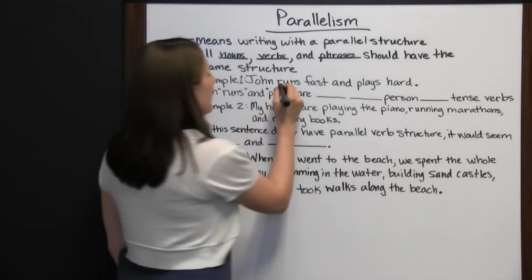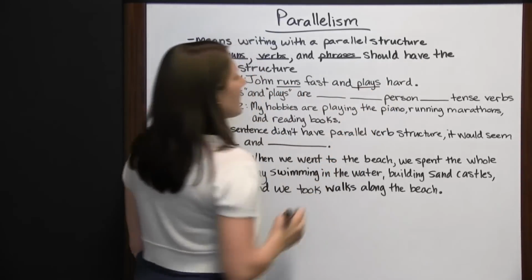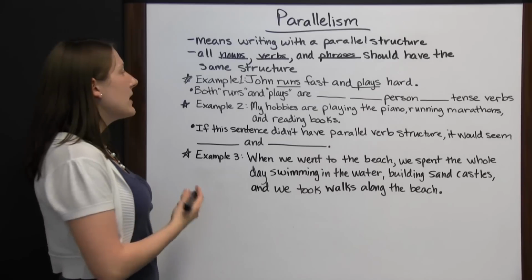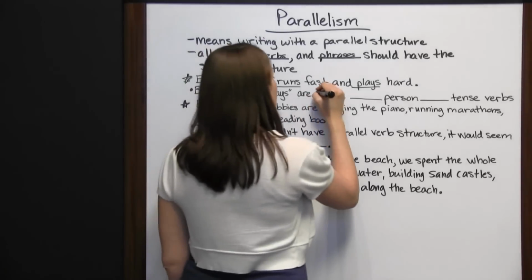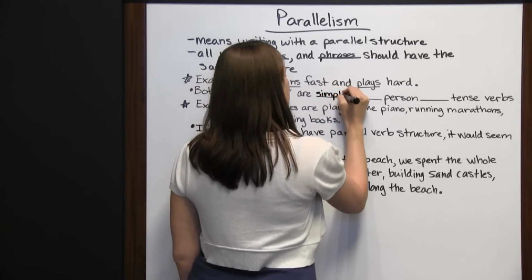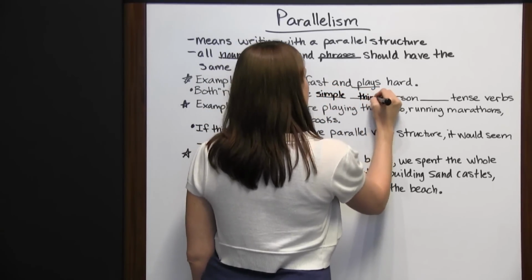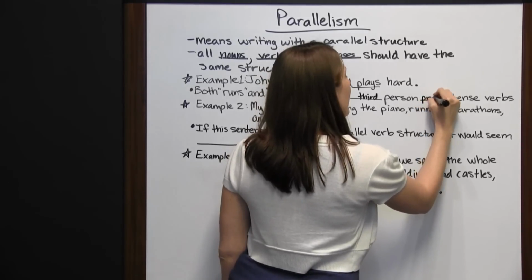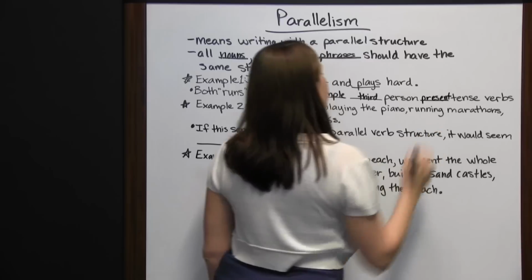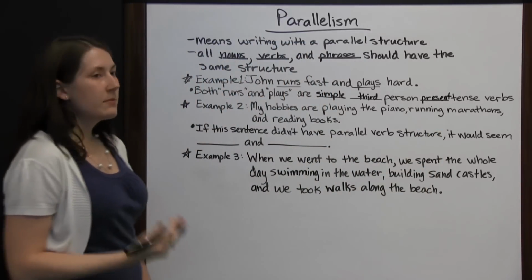There we have multiple verbs, runs and plays. So they should be parallel. They should have the same structure. And both runs and plays are simple third person present tense verbs. So they are simple verbs.